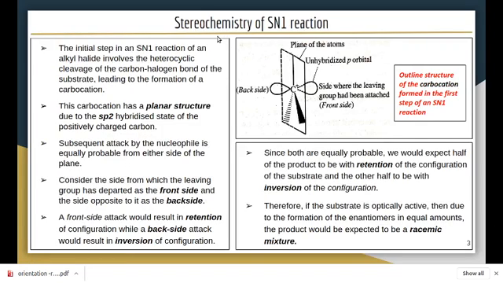Next, we can discuss the stereochemistry of the SN1 reaction. Stereochemistry is nothing but the three-dimensional arrangement of atoms and the effect of this on the chemical reaction.